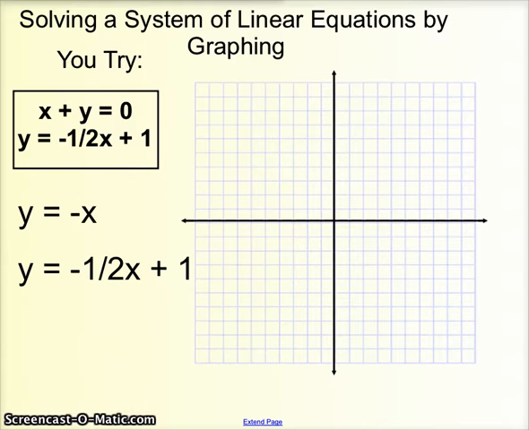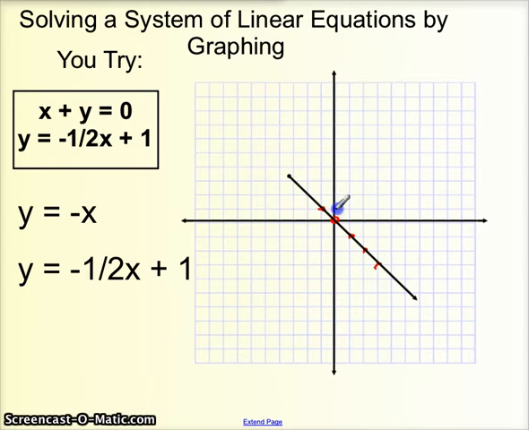So now, when you graph these, you should have had your first line, if I use red, starting at the origin, going up 1, left 1, or down 1 to the right 1. So you have a negative slope. And then for your second line, I'm going to use green.